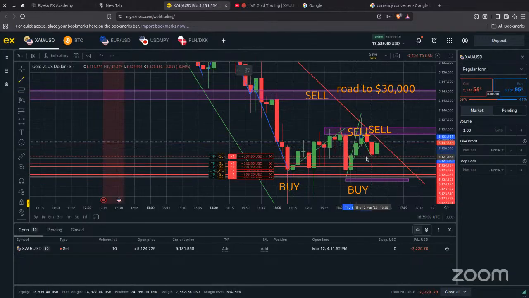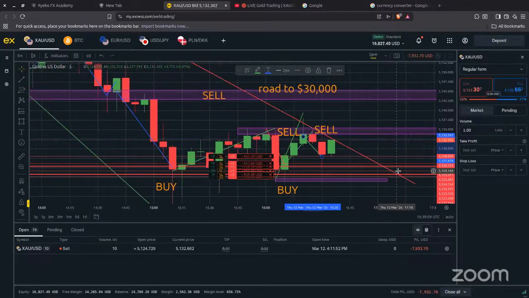So guys, buy. Oh God. It's okay. Yeah, this is a hammer, so it's going to take. So there's no way. Yeah, it's a buy. It's a buy.